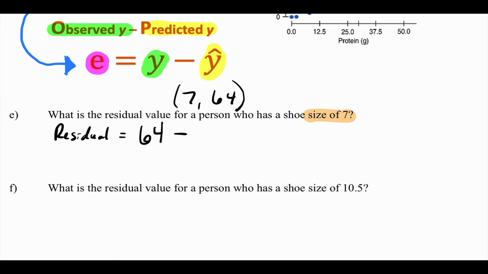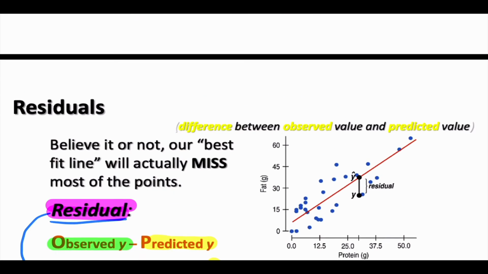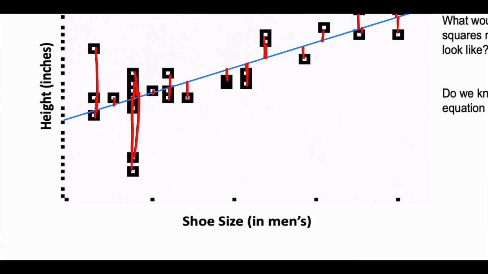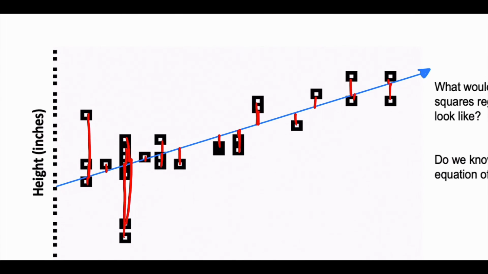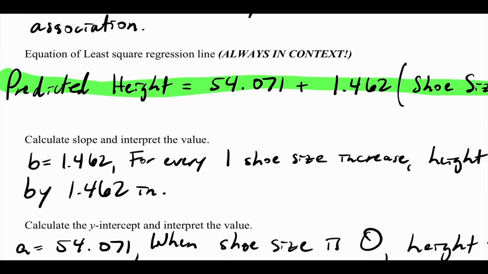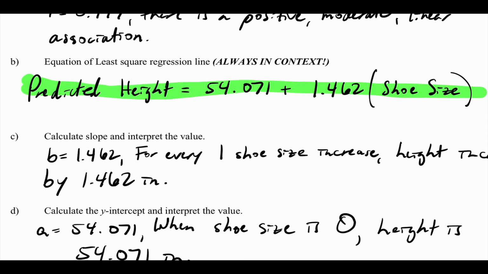How do I figure that out? Use your equation. Someone who has a shoe size of 7, what would my blue line predict their height would be? We did an equation. Doesn't this say predicted height? That's what we're trying to find, right? So tell me, someone who has a shoe size of 7, what would my blue line predict them to be? How tall?